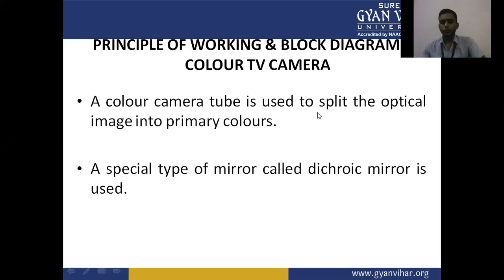So now we have the color camera tubes, used to split the optical image into the primary colors. These primary colors are red, green, blue. A special type of mirror called a dichroic mirror is used.